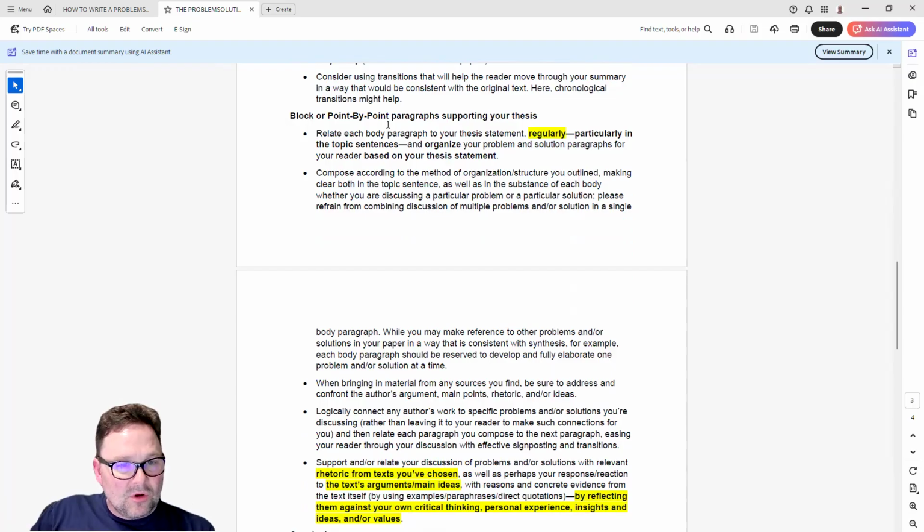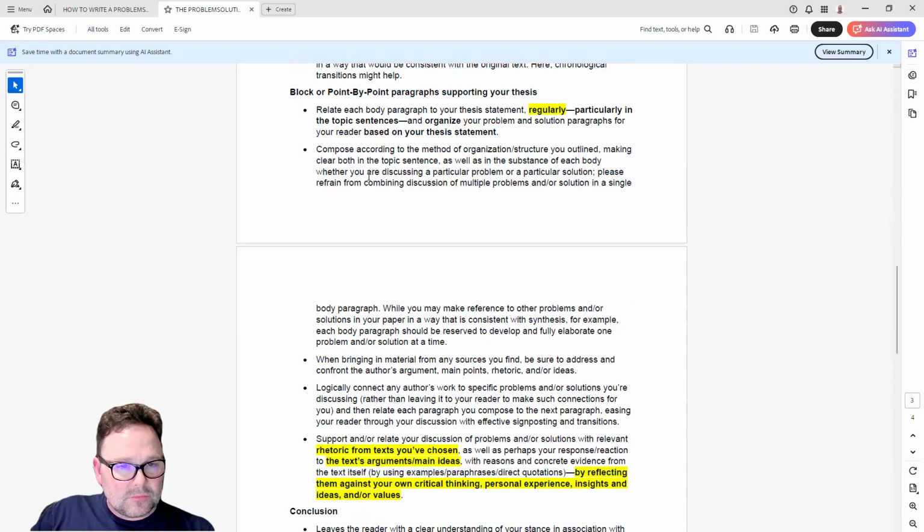So block method or point by point method paragraphs. That's what all this is about. These are just, again, some of the elements of what could or should go into those body paragraphs. I was considering making some bullet points for each of these, but that would have made our prompt even longer than it needs to be.